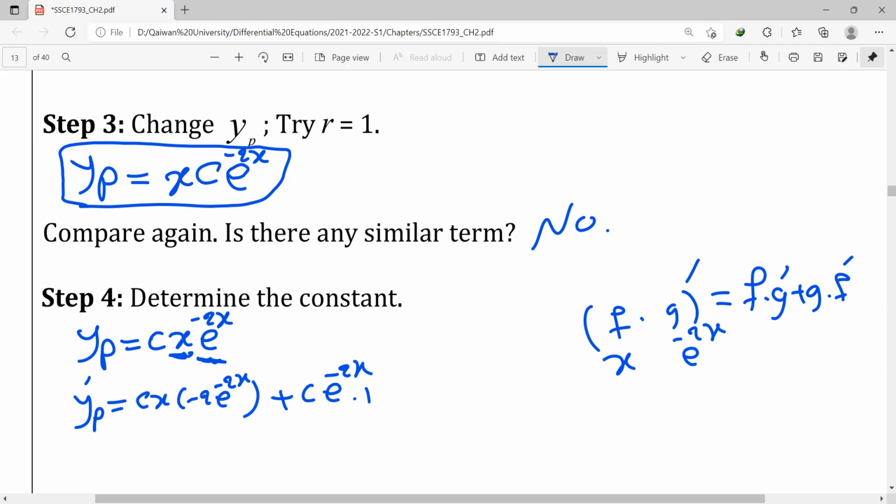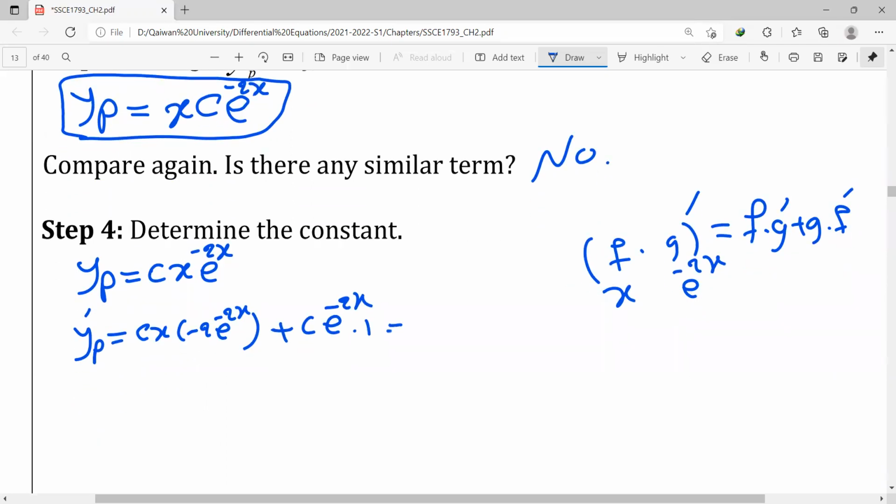This is the derivative. Now let's simplify it. We get minus 2c x e to the power minus 2x plus c e to the power minus 2x.